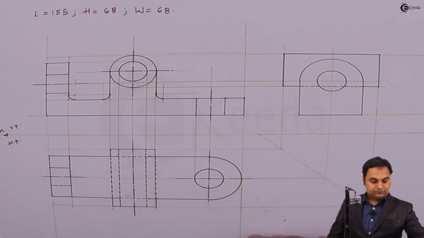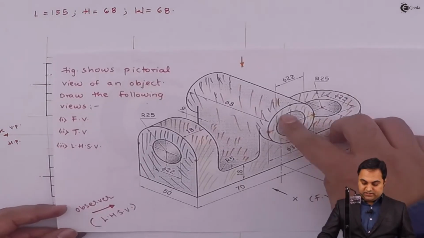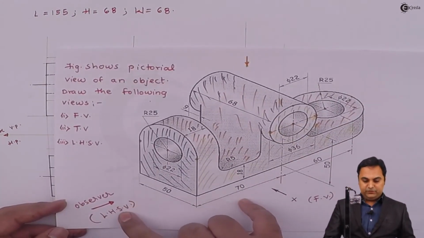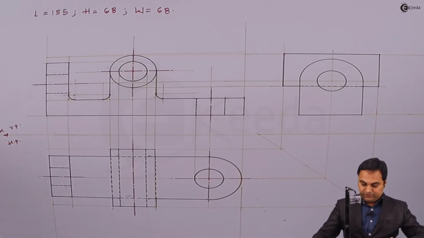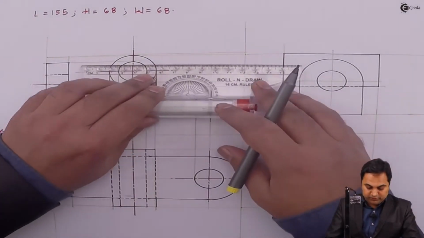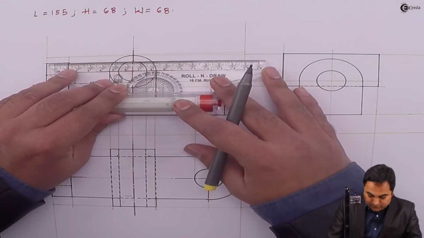And for that, inside this cylinder a circle is there which is not visible from the side, so it has to be drawn hidden. So directly projecting it from the front view, it is up to the total width of 68 mm.